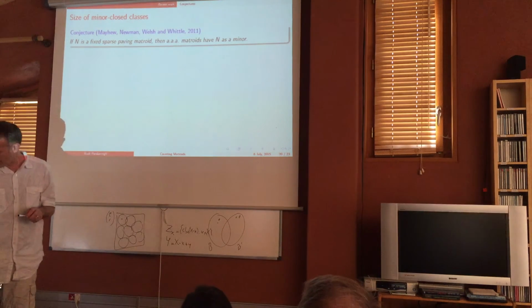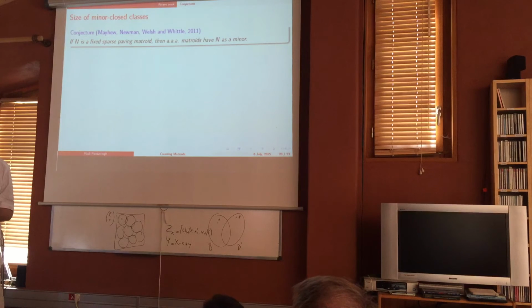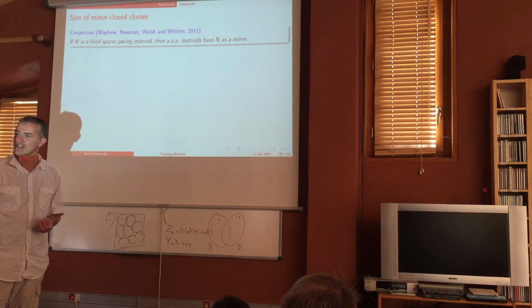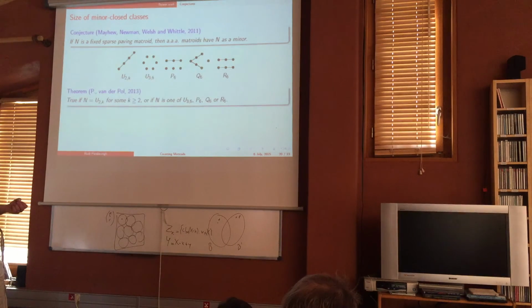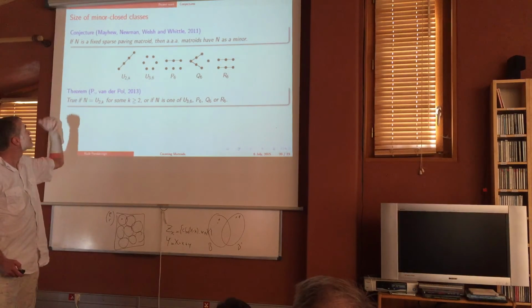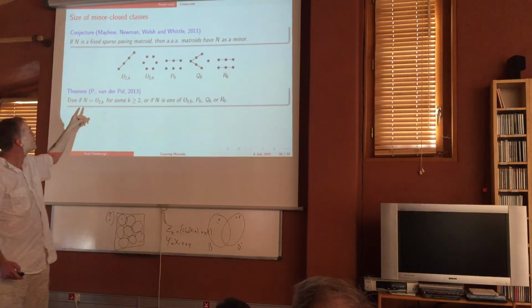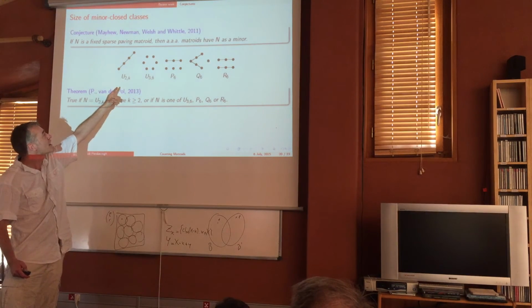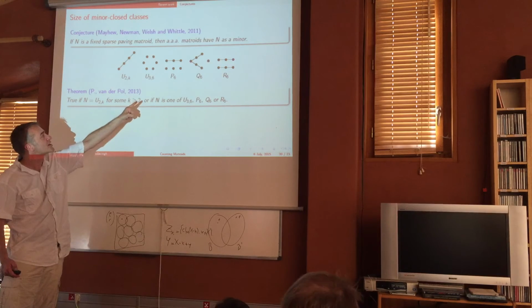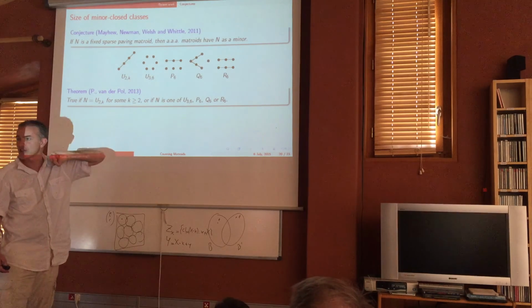Well, I'm not so sure about that statement as I perhaps was, but there's something on the positive side and the negative side. I think Jorn spoke about it in Princeton. So we have this theorem, which is just saying that the conjecture is true if n is one of these matroids here, either a k-point line, U36, P6, Q6, or R6.